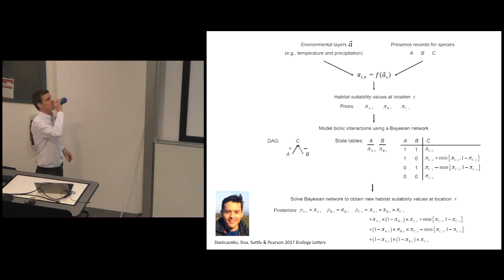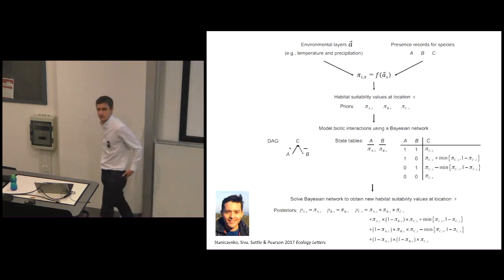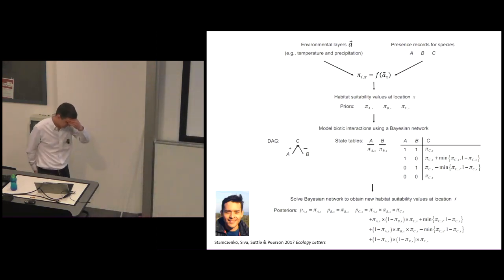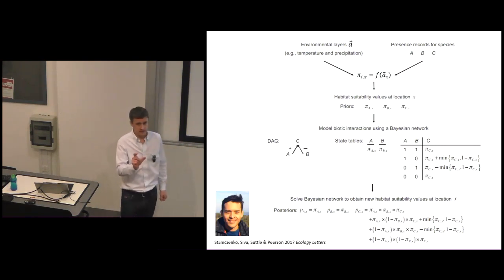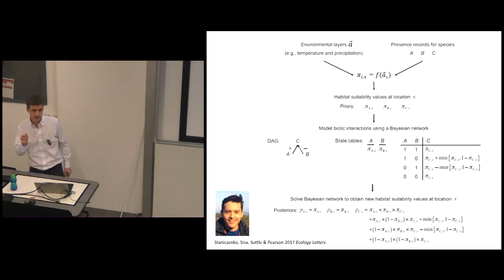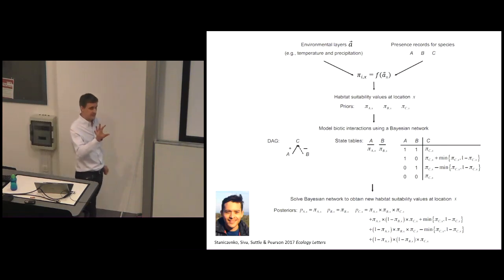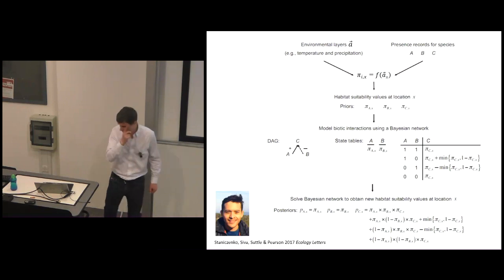Many of you know Philip Staniczenko here, who was a postdoc in CBER for a couple of years, kind of 2016, 2017. We worked together with Blake and others on this particular system, and thanks really to Philip, developed the mathematical approach for doing this, where we link species distribution models with Bayesian networks to look at the interactions.